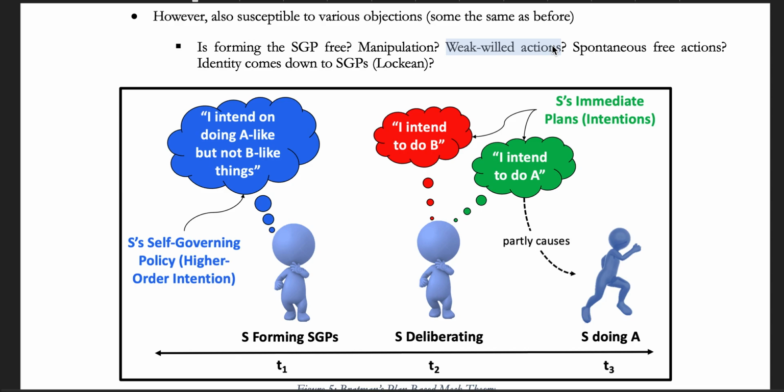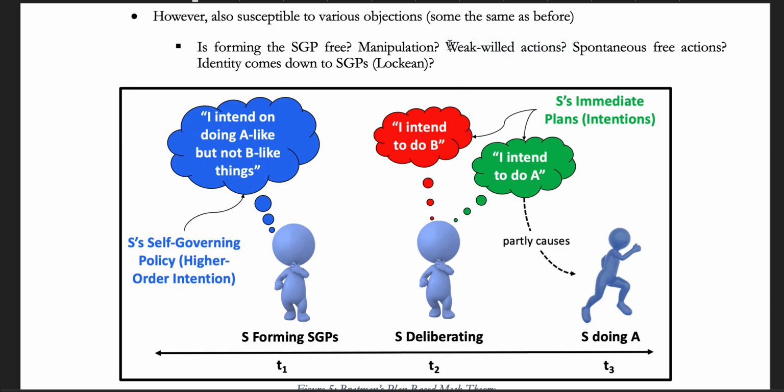If you have some long-term self-governing policy to be healthy and a good employee and a good friend and a good family member, and then you start getting into using drugs, and you have this desire that misaligns with those things, and you perform some weak-willed action because you have these really strong desires, but it doesn't align with your more long-term goals.